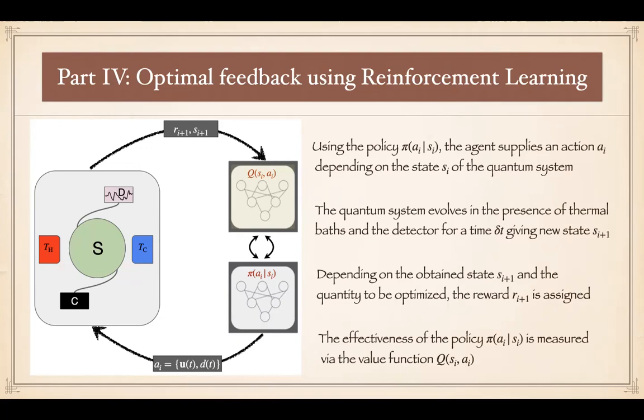Without going into the details, the reinforcement learning is based on the principle that we have a system attached to a hot and a cold bath, and there's a detector which gives you the outcome of the system. So it says, what is your system state at each point? And this system state is fed back to the computer or the neural network.